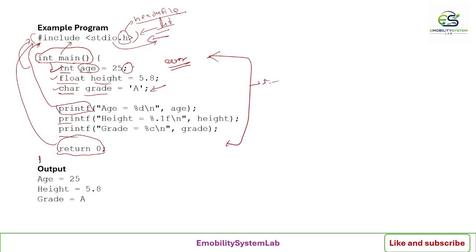You cannot store integer type data here. You cannot store float type of data here, because you have already mentioned the data type. So the data type indicates what kind of data the programmer can store in that particular variable. This is a very important section you need to understand.